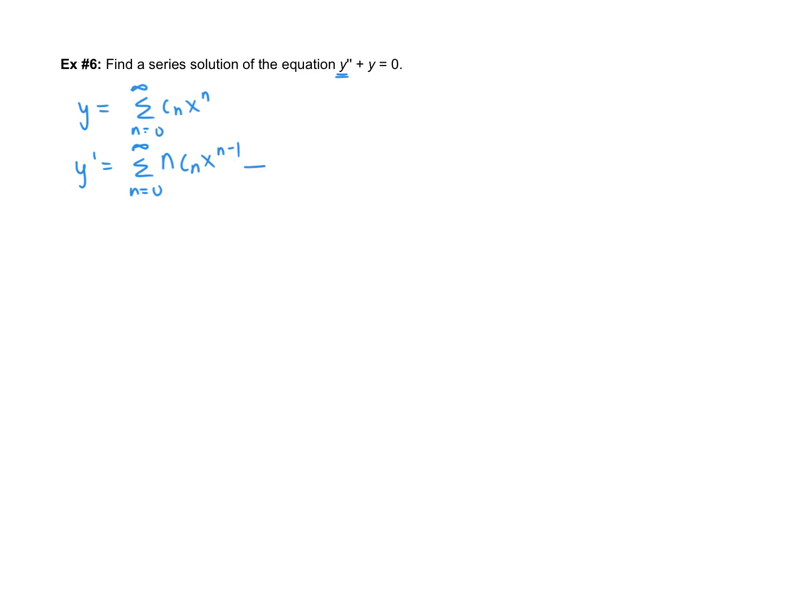And we said before that that first term is 0, so we're instead going to start the summation at 1. So then the second derivative, I'm going to have n times n minus 1, Cn, x to the n minus 2. Again, if you substitute in 1, our first term is 0, so we're going to start the summation at 2.